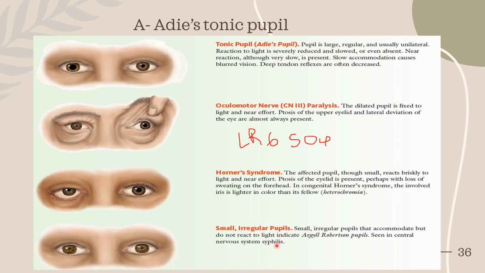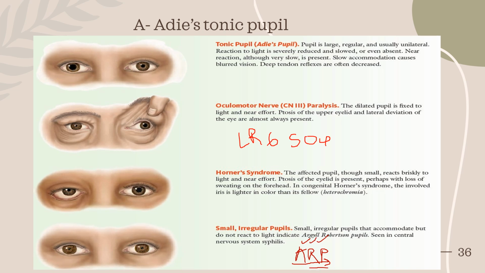Then you can have a small irregular pupil that can accommodate but does not react to light. That's called Argyll-Robertson pupil, which is seen in tertiary syphilis. There is a mnemonic to remember it. Argyll-Robertson pupil, ARP. So forward, when you go ARP, you call it accommodation reflex present.